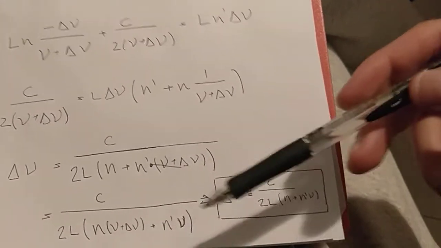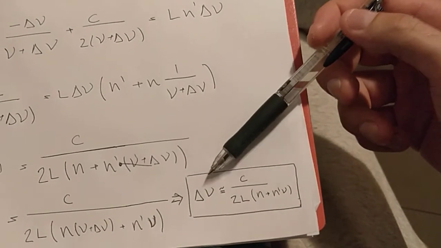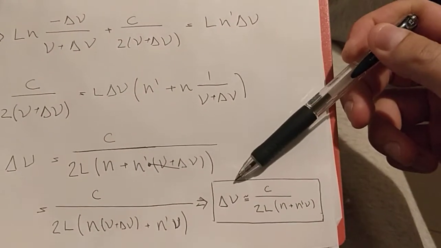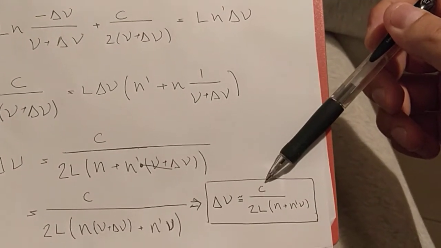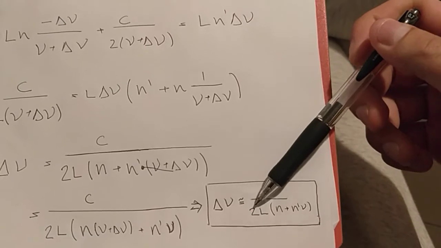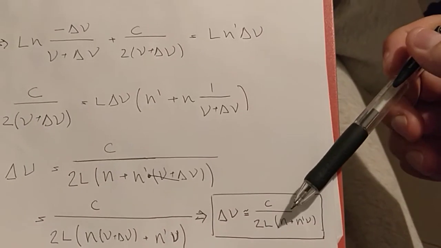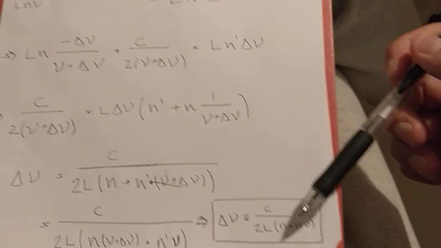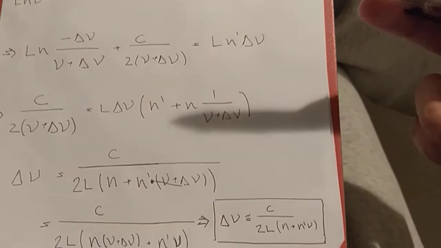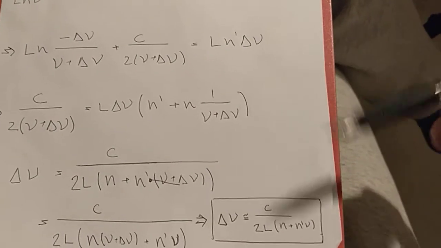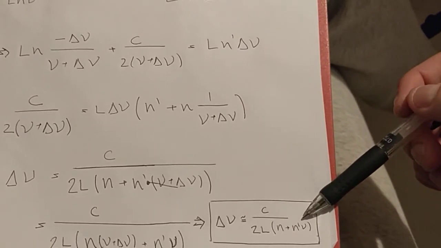What does matter here is this additional term. So we can just rewrite this more neatly: the FSR in the dispersion case is just the speed of light over 2 times the length times not just the refractive index, but the refractive index plus the change. That's the delicate point. This is not the change in the refractive index.